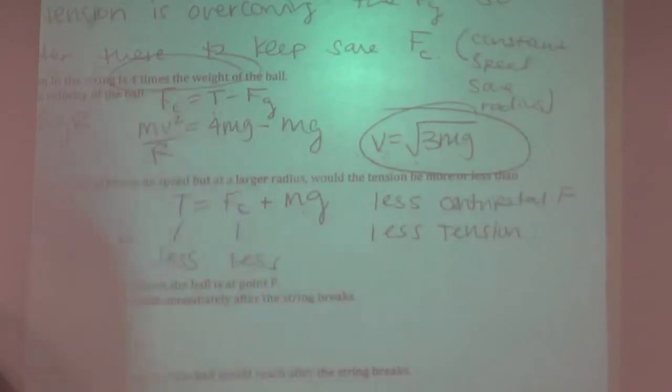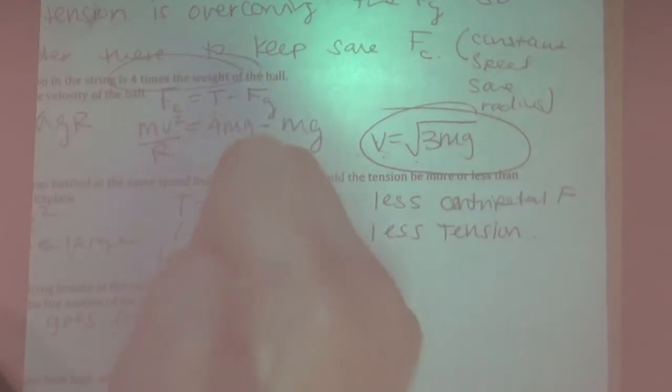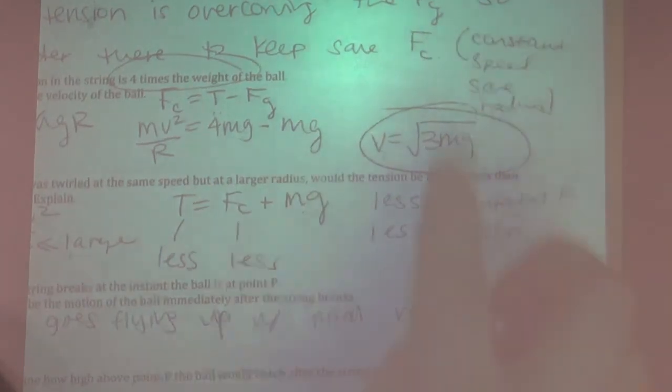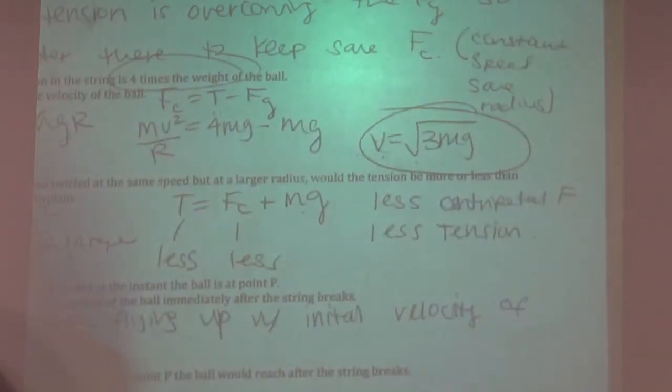So I'll say the ball goes flying up with an initial velocity of square root of 3gr, which is what we just calculated.